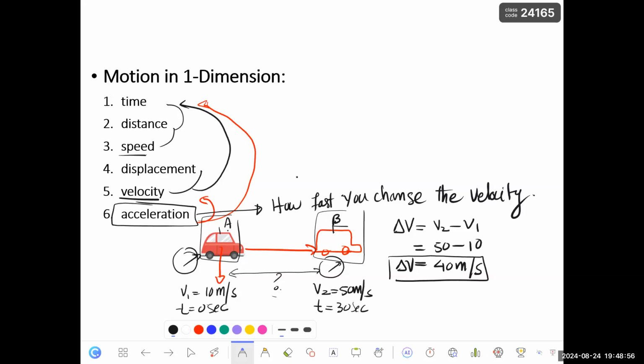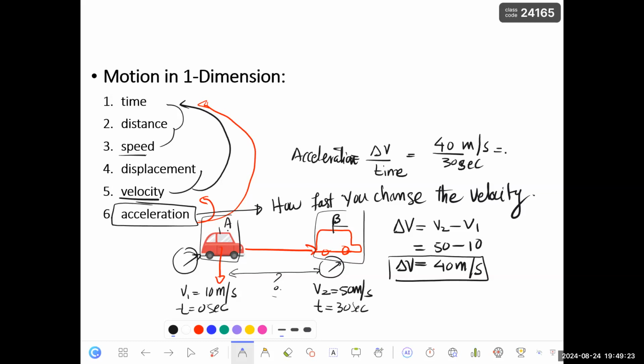Now, the acceleration formula is pretty simple. How fast you change the velocity means change in velocity divided by time, and you call it acceleration. In this example, change in velocity is 40 meters per second. Time is 30 seconds.